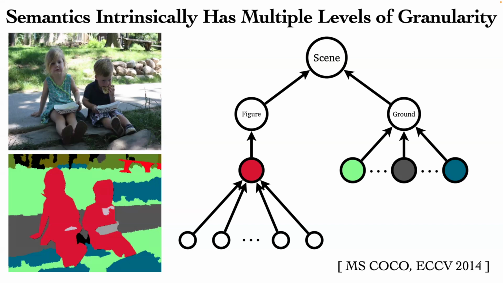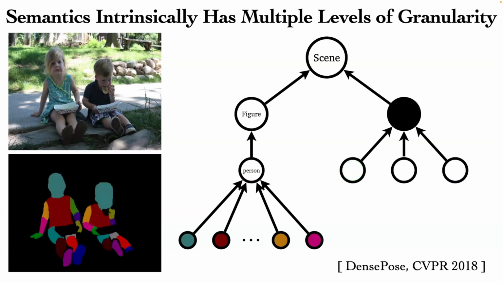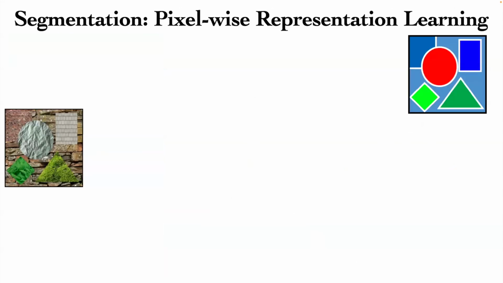When you give me a vocabulary for annotation, you are essentially picking nodes at different parts of the tree. The same image showed up in DensePose, where you are picking different sets of nodes. The question is, for unsupervised learning, if there's an underlying tree, which nodes should I be aiming for?